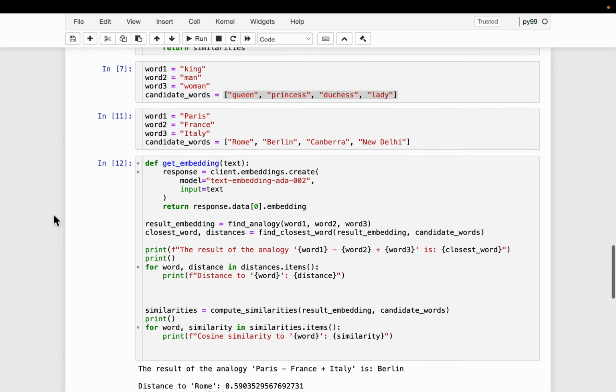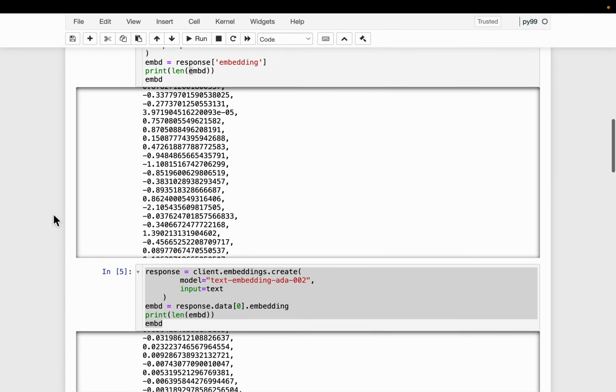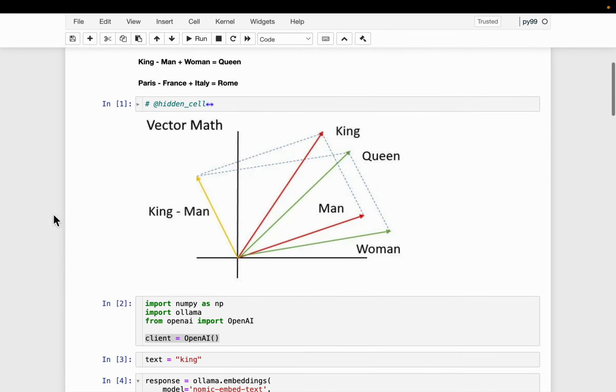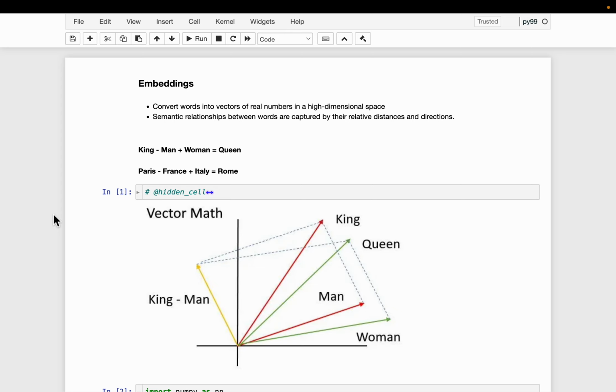I hope that gives you a little bit of context of these vector operations and how embeddings capture these semantics. By the way, these embeddings come from a deep learning model to which we feed lots and lots of text.